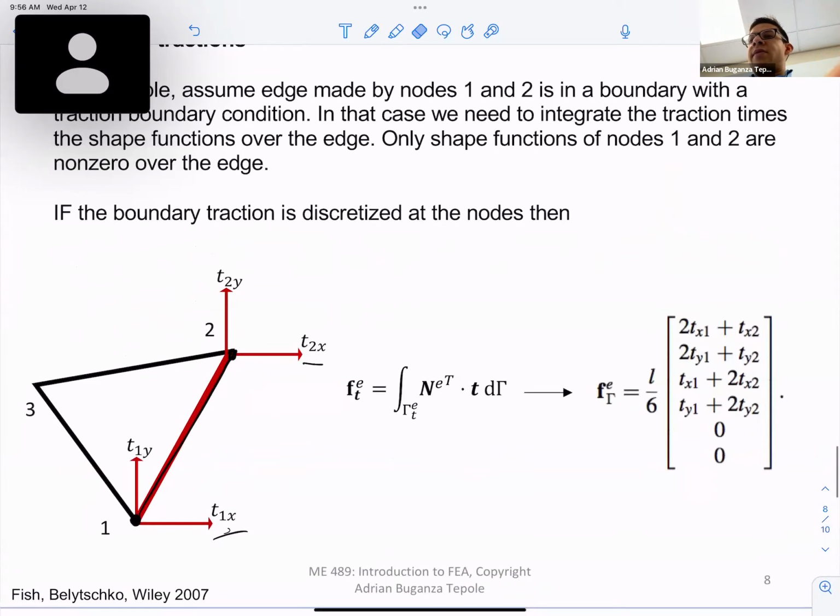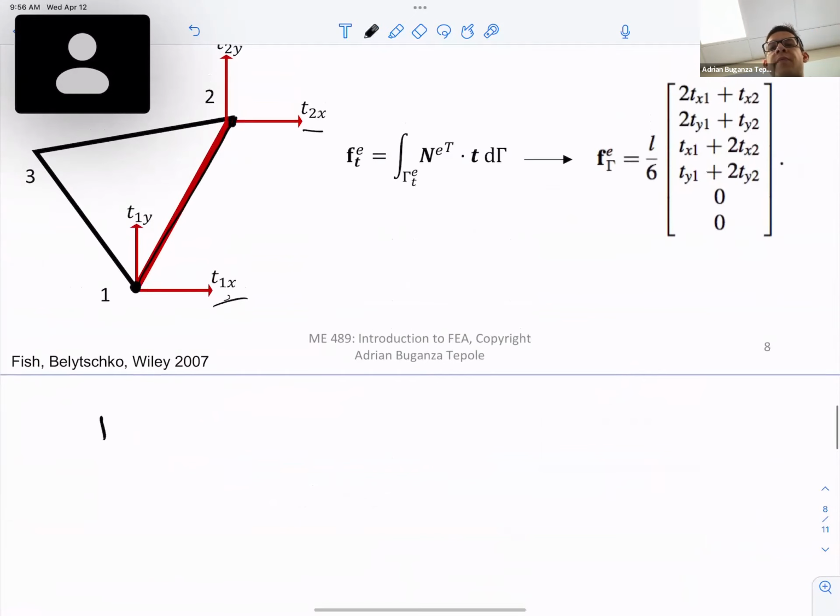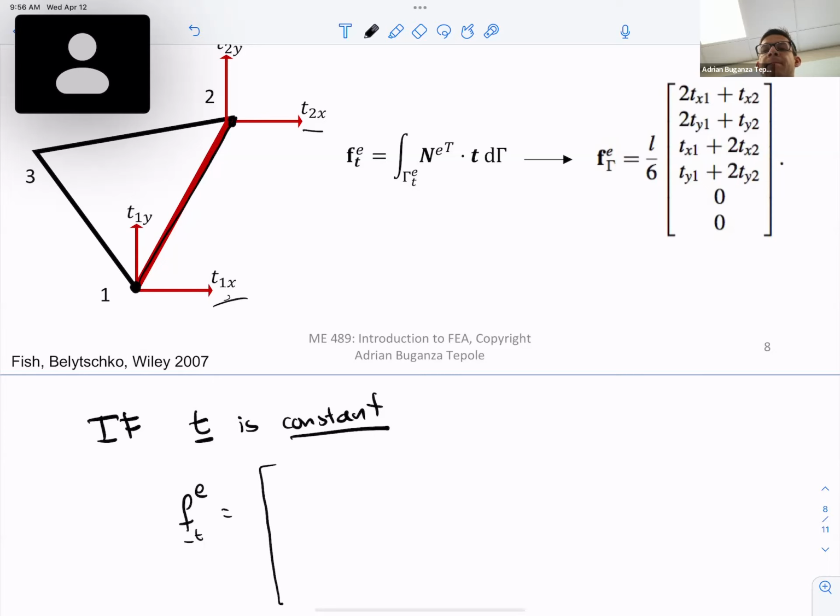Actually, let me do the constant case. If the traction is constant in an edge, then all you would have would be L over 2 times Tx, Ty, Tx, Ty, 0, 0.